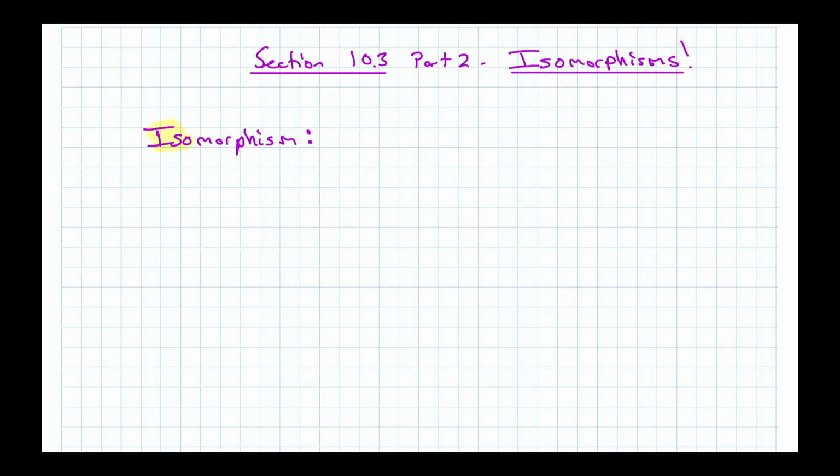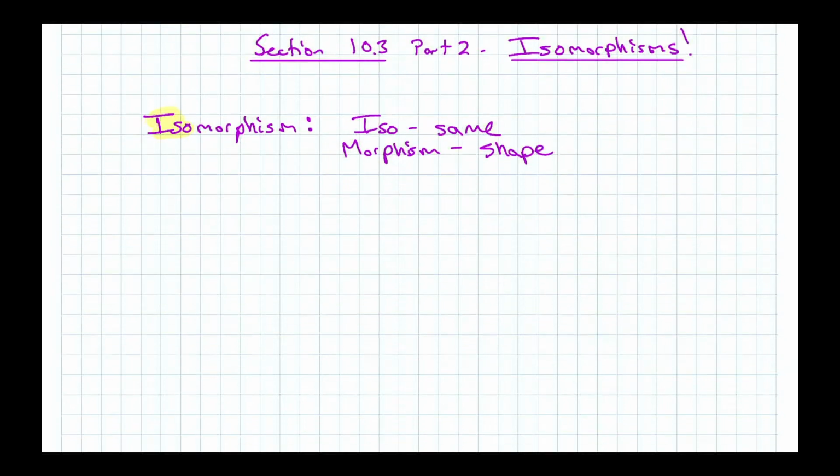Maybe you know that from other science classes. So iso, same. What is morphism? Well, basically, anything with the word morphic or morphism in a lot of topics is going to mean shape. So same shape. That's the idea. So isomorphism is same shape.